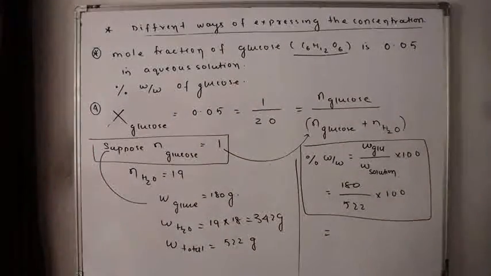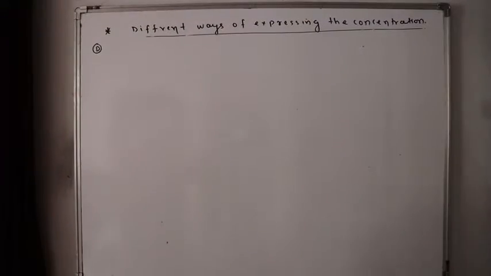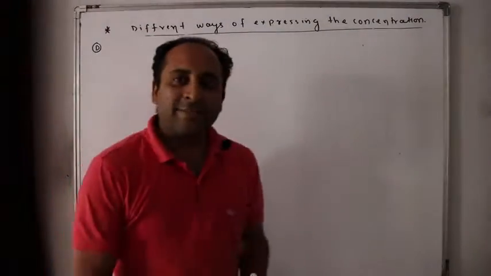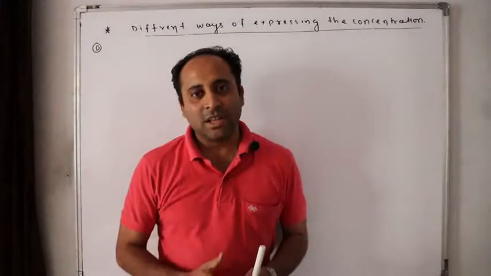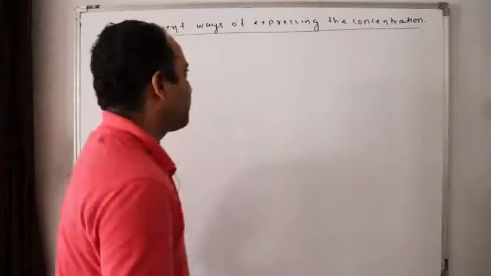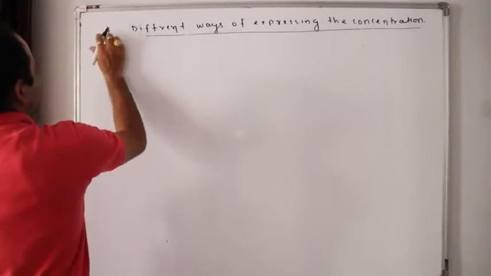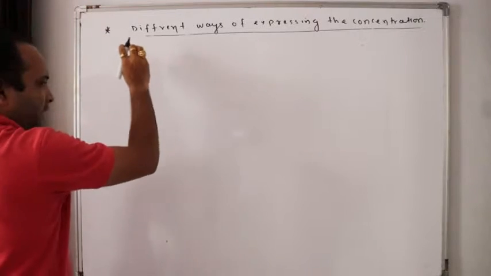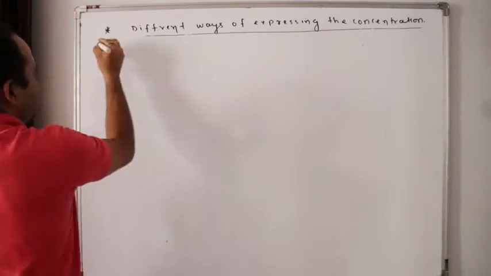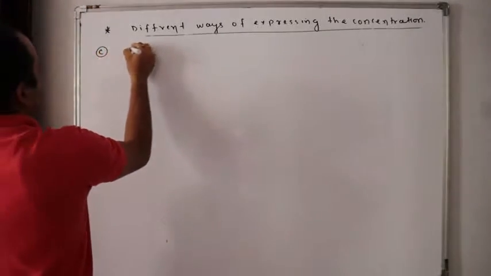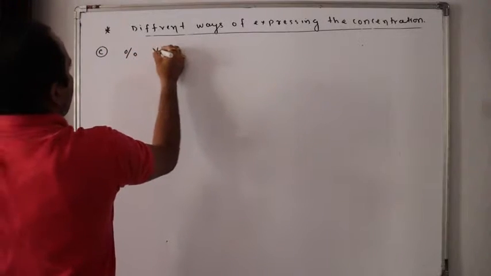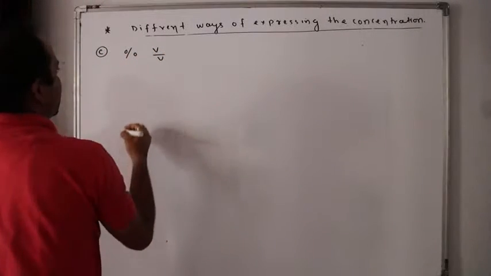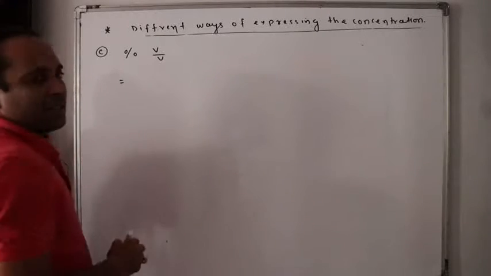Quick, copy. The next way of expressing concentration is volume percentage. This is perhaps C, after mole fraction and then percentage by weight. What is percentage by volume?